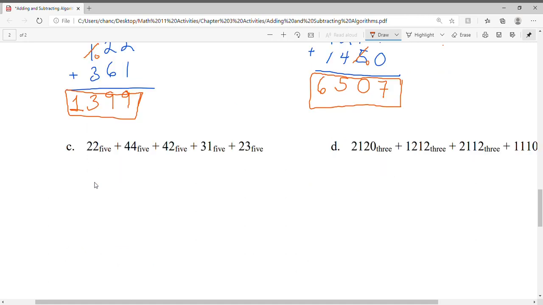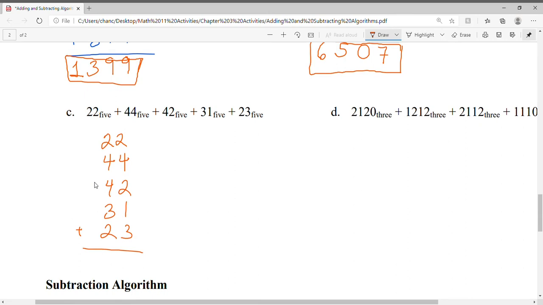Part C, we're looking at base 5. So let's write down the numbers. We'll stack it up just like before. Recall for base 5, the numbers are 0, 1, 2, 3, 4, and that's it.